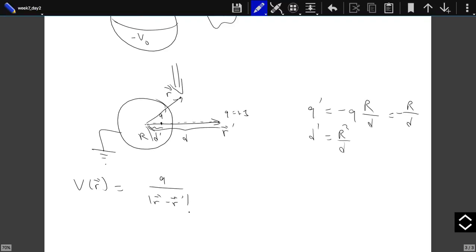The potential is Q over |R minus R prime| plus Q prime over |R minus D prime| at a D prime distance in the direction of R prime, over D. And remember, D is nothing but the magnitude of R prime.